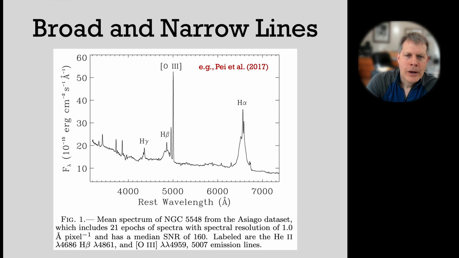And when you want to study, for example, the broad line emission of H beta, you have to carefully subtract out that narrow line contribution. Or alternatively, you can just look at the variable component of H beta, and that naturally tends to remove the narrow line emission. That's another way to go about this. And broadly the same for H alpha there.